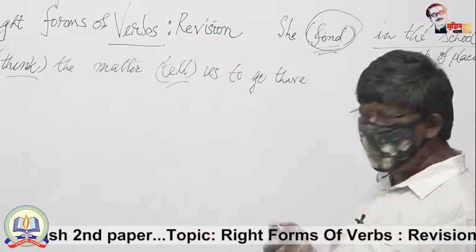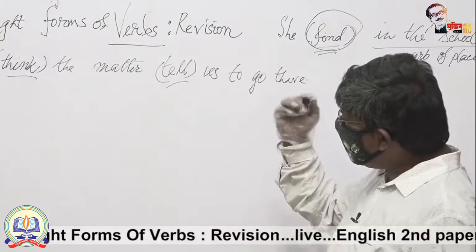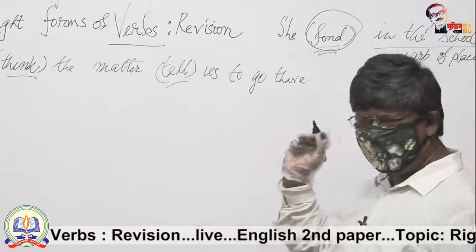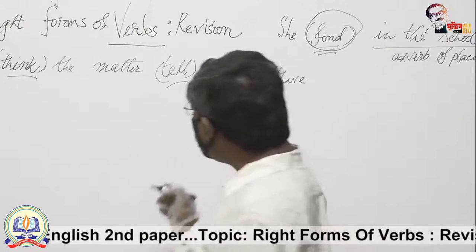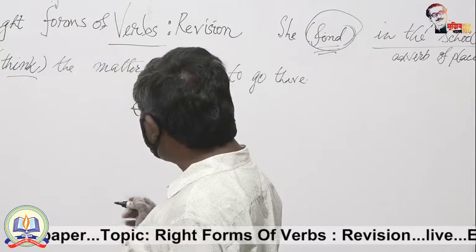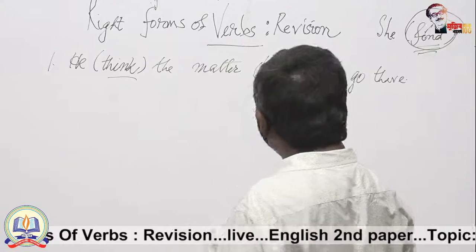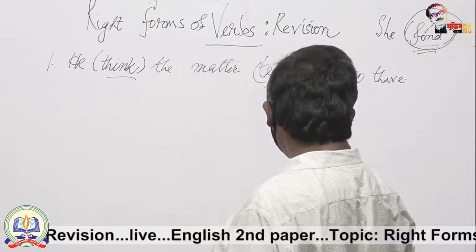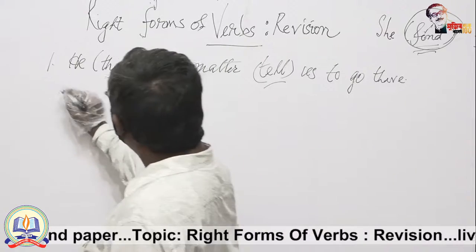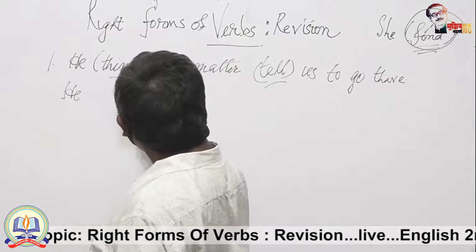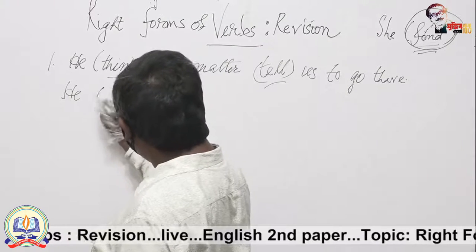So we will have to express one of the two verbs in the finite or tense form and the other one in the non-finite or no tense form. Which verb should we write in the tense form? If we write, he thinks the matter tell us, this does not match the structure of the sentence. Therefore, we will express think in the non-finite form.